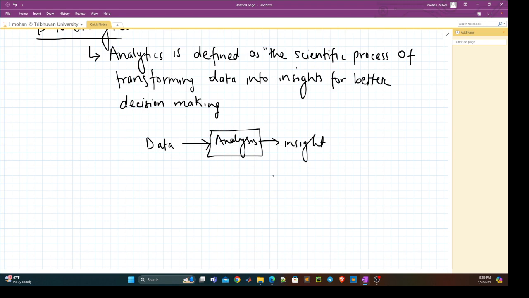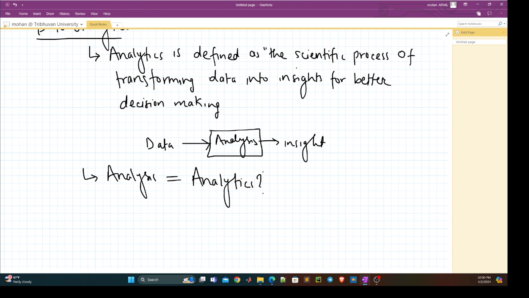Now the next one is analysis. The basic confusion comes between the words analytics and analysis. Is analysis equal to analytics?